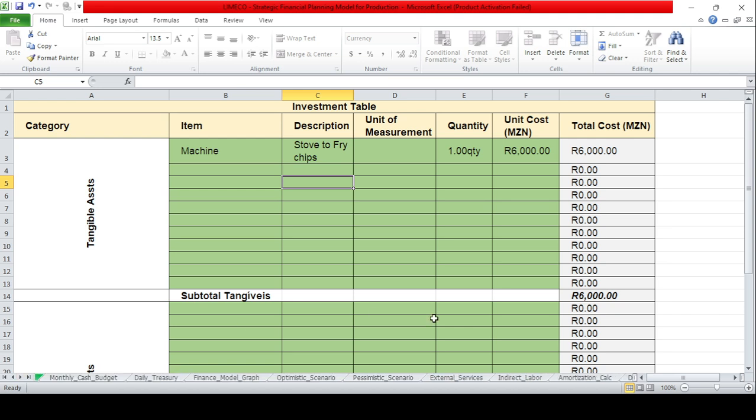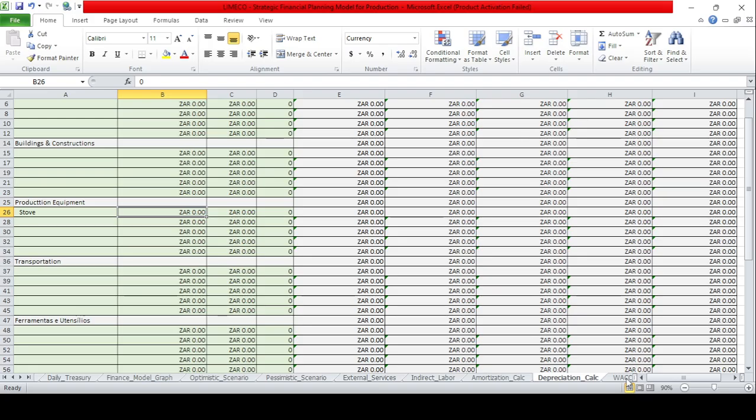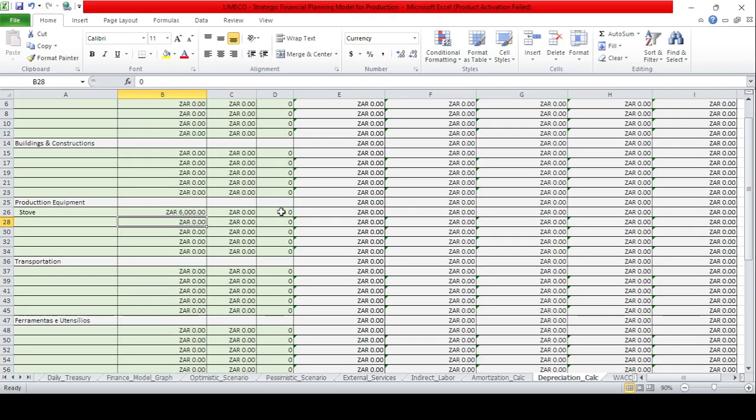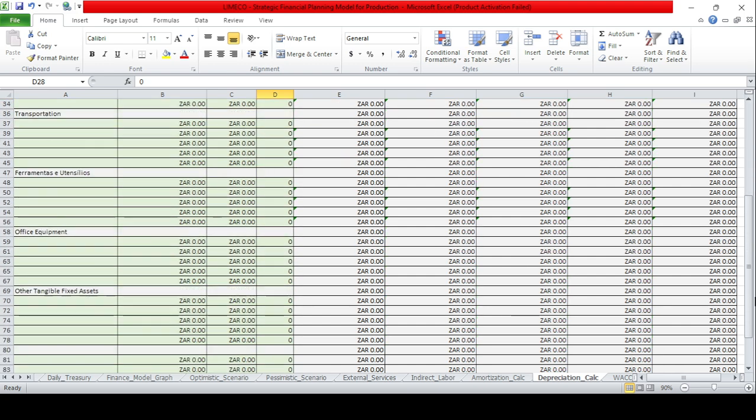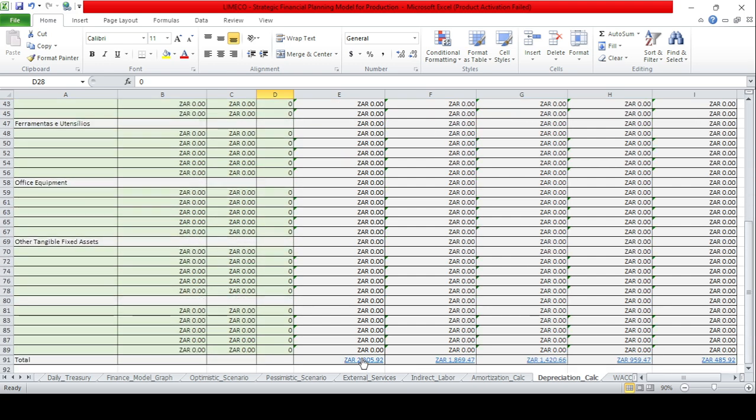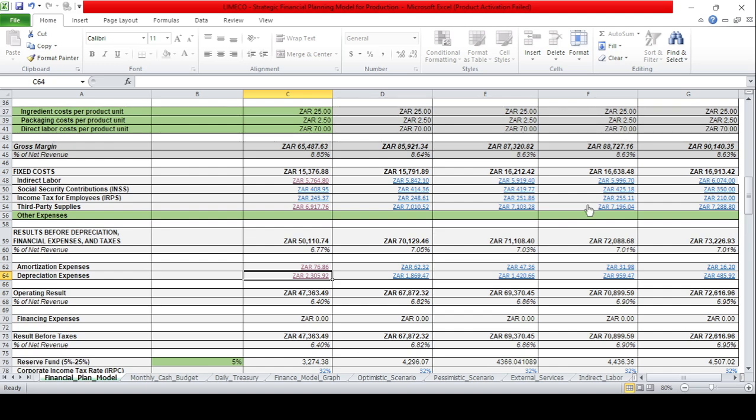So amortization, depreciation, 6,000 rands for this, depreciation for 5 years. The value is here.